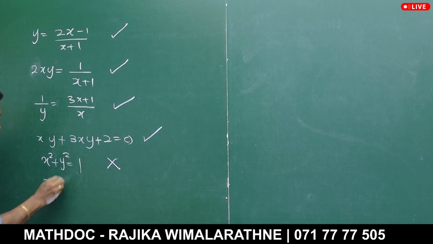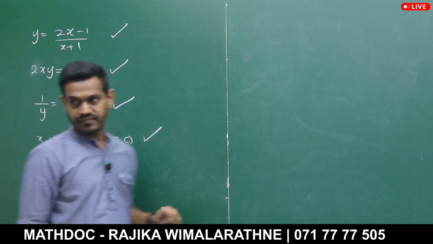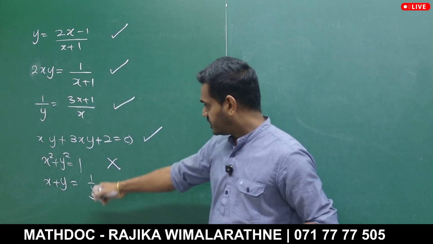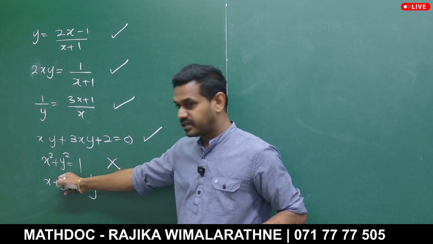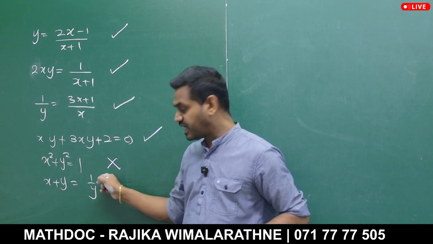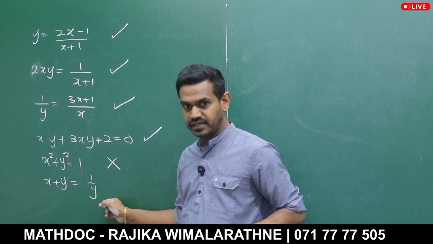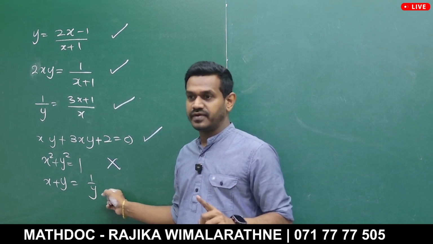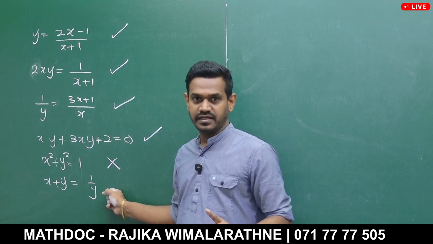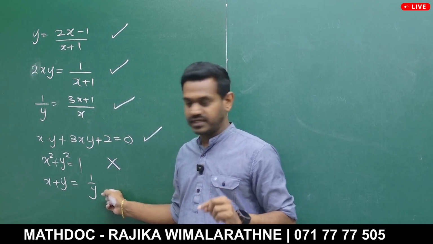Then x plus y equal 1 over y. Now carefully see. We have y to the power 1, but that is not subjected. Further we have 1 over y, y to the power minus 1. But if you try to subject y, it is too difficult, because we have to cross multiply.